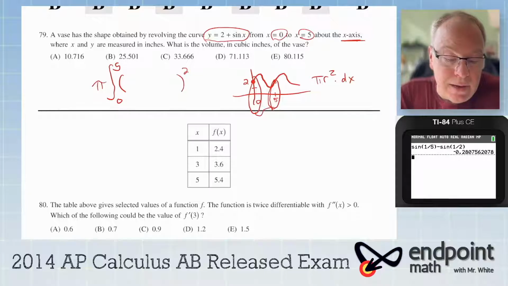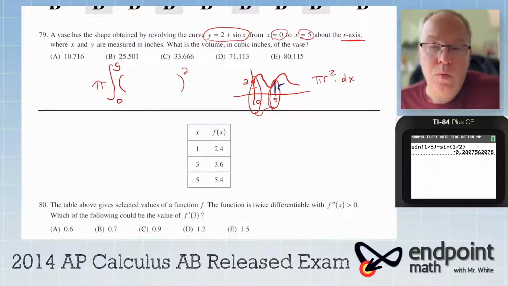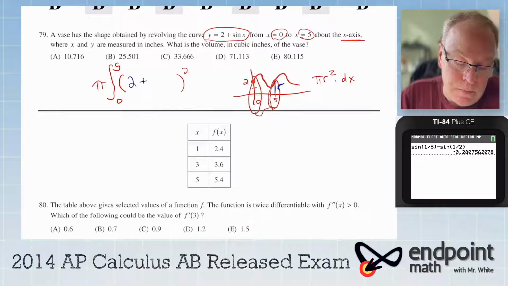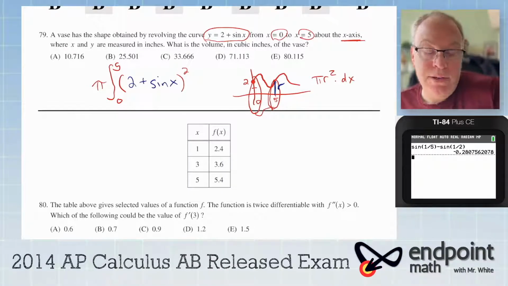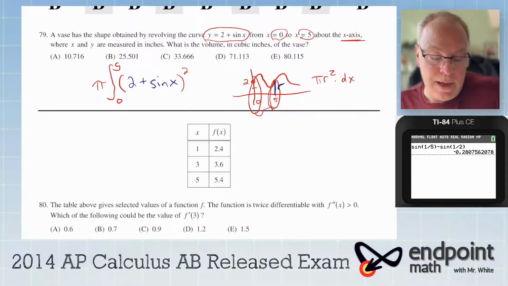So the radius in this problem, this is a dx problem because the radius runs up like this. The radius is your y value, and your y value is your function. You did some of these where they revolved around the y-axis, and then it was a dy problem. But this is a dx problem, so we put that in there.